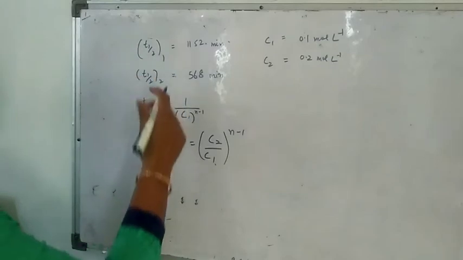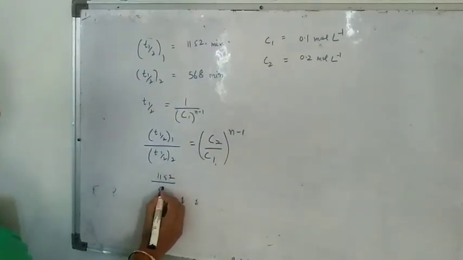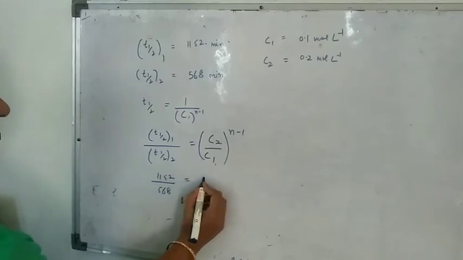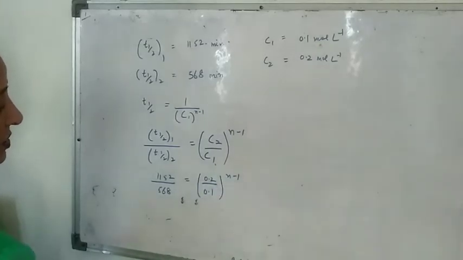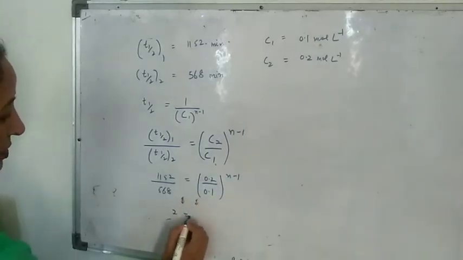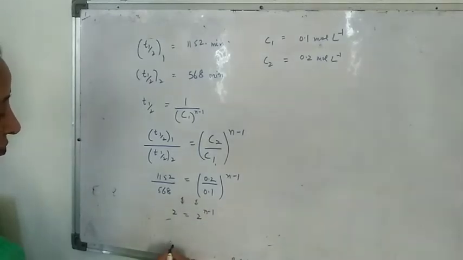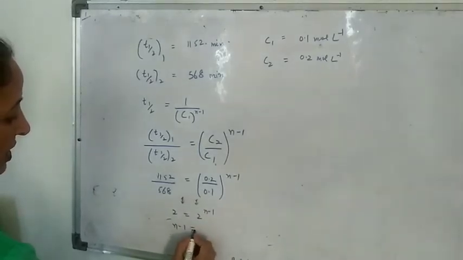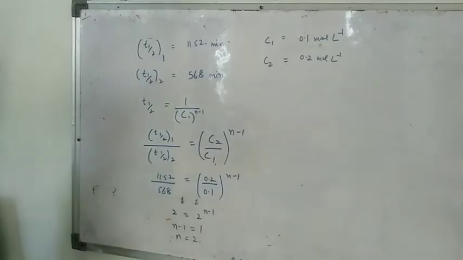Putting the values, we get 1152 upon 568 is equal to 0.2 upon 0.1 raised to power n minus 1. 2 is equal to 2 raised to power n minus 1. So n minus 1 is equal to 1. So n is equal to 2. So order of reaction is 2.